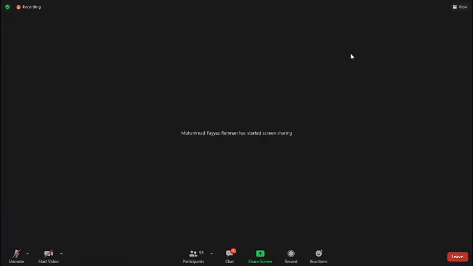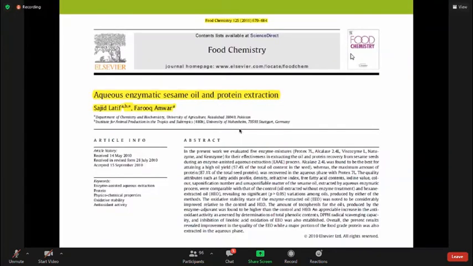Anyway, here we shared an article in which we used an aqueous enzymatic process for extraction of oil from sesame seeds, and we used different carbohydrase enzymes such as viscozyme, nathuzyme, and chemzyme. These were commercial enzyme preparations, and we were able to improve the oil recovery, and we also evaluated the quality of the oil.